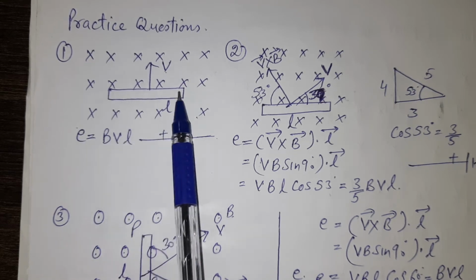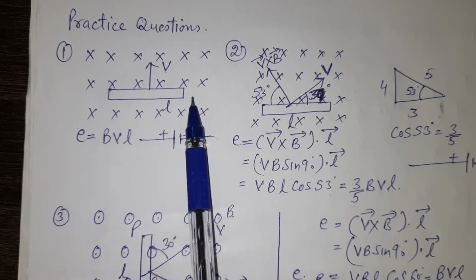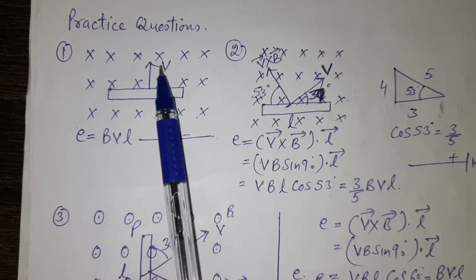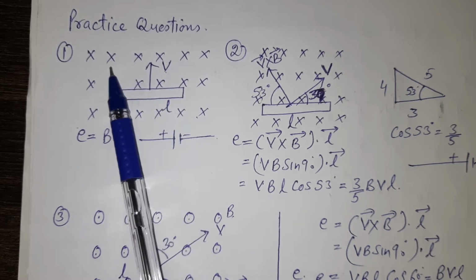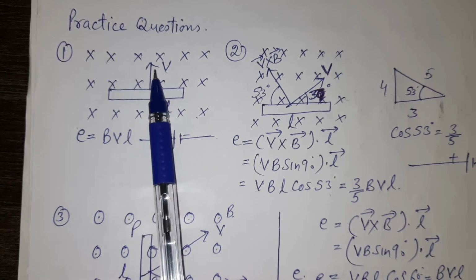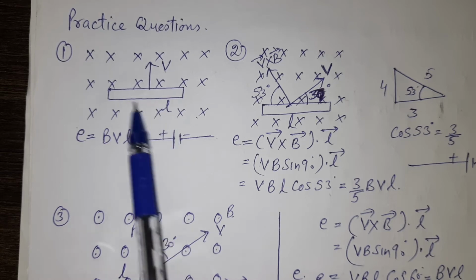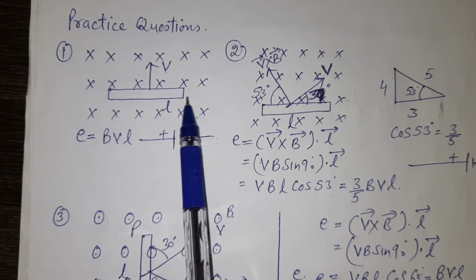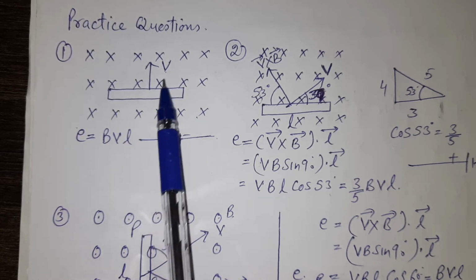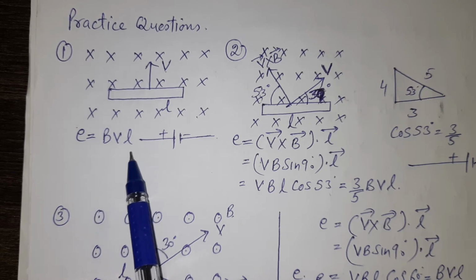Velocity and magnetic field have an angle of 90 degrees. So V cross B is VB, and L is also perpendicular. So this is the simplest case, VBL.